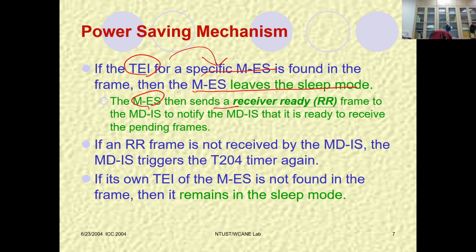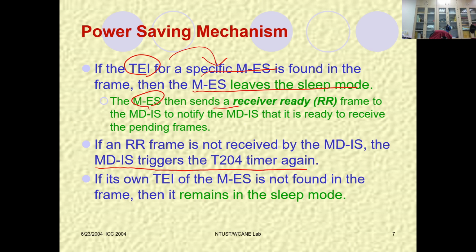Well, this is the frame sent by MES. However, if the RR frame is not received by the MDIS, then it seems nothing was heard by the MDIS. So MDIS will trigger another T204 timer.